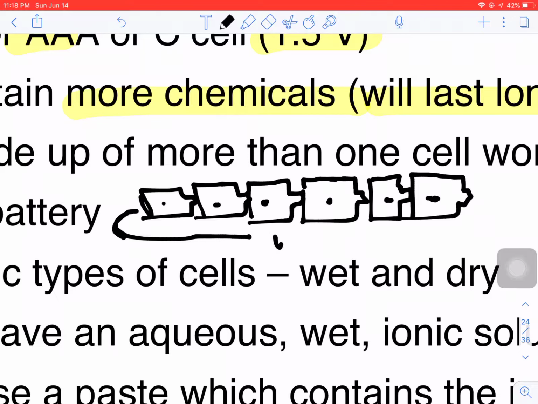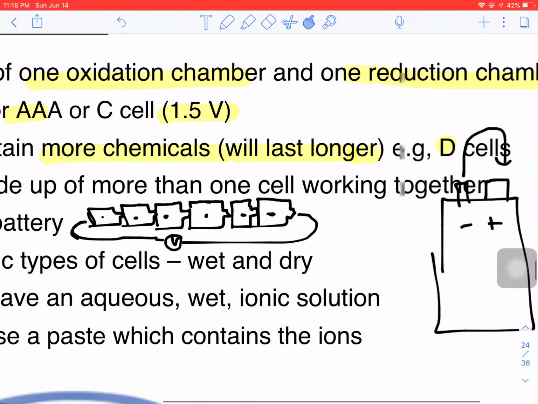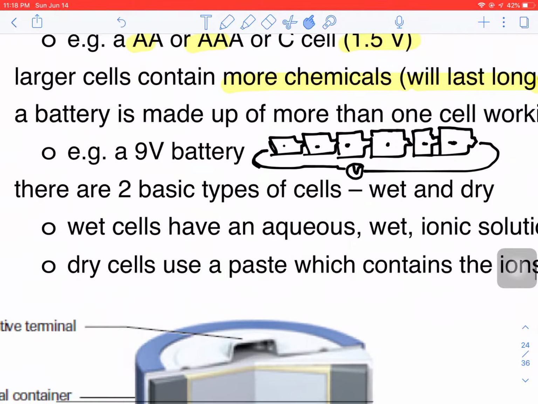If I was to read the voltmeter, it would say 9 volts, and they would go back to the top to replenish the electrons that left each of those cells. All right, so a cell contains 2 half cells, and a battery is multiple cells that are set up together, like that 9-volt battery there on the right.